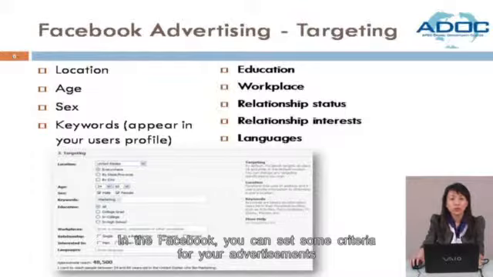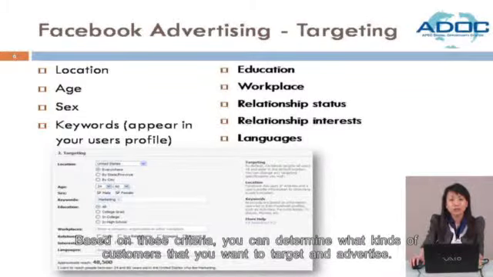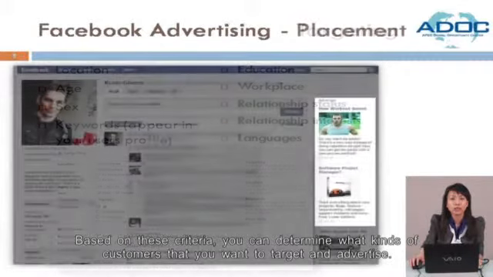In Facebook, you can set some criteria for your advertisement, such as location, exact keywords, education, workplace, relationship status, relationship interest, and languages. Based on this criteria, you can determine what kind of customer you want to target and advertise to.